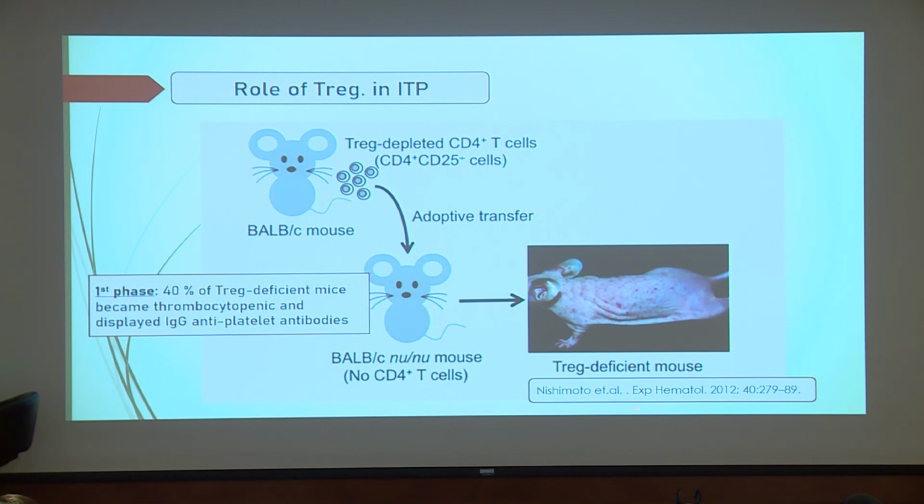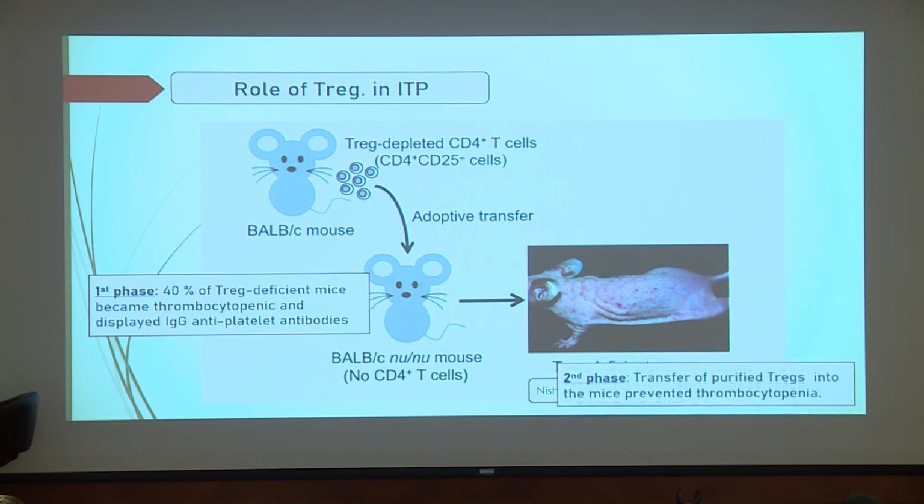Nishimoto, in order to prove the role of Treg cells in ITP, depleted mice of Treg cells in phase 1, and 40% of Treg deficient mice became thrombocytopenic and displayed also IgG antiplatelet antibody.